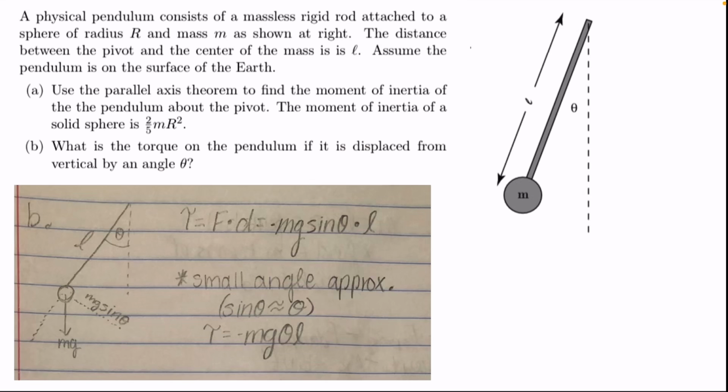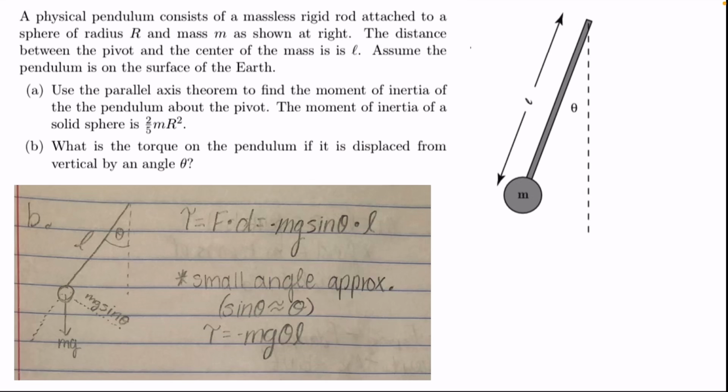You can see from the diagram that the force of the torque is coming from mg sine theta, because the other component of mg is just canceling out itself and the tension from the string.